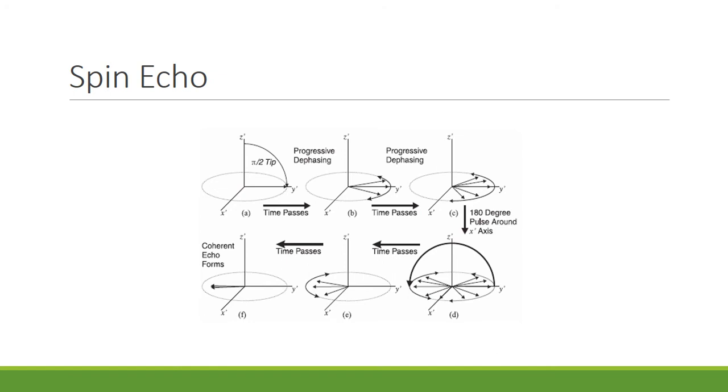This dephasing gets reversed by the refocusing pulse, which inverts the spins, and the spins become coherent again and generate an echo. This is the main principle of spin echo.